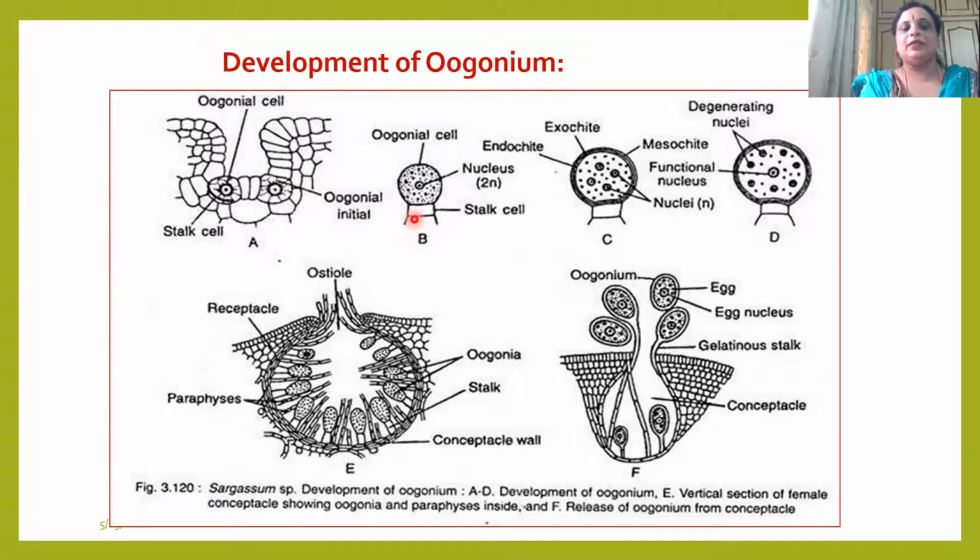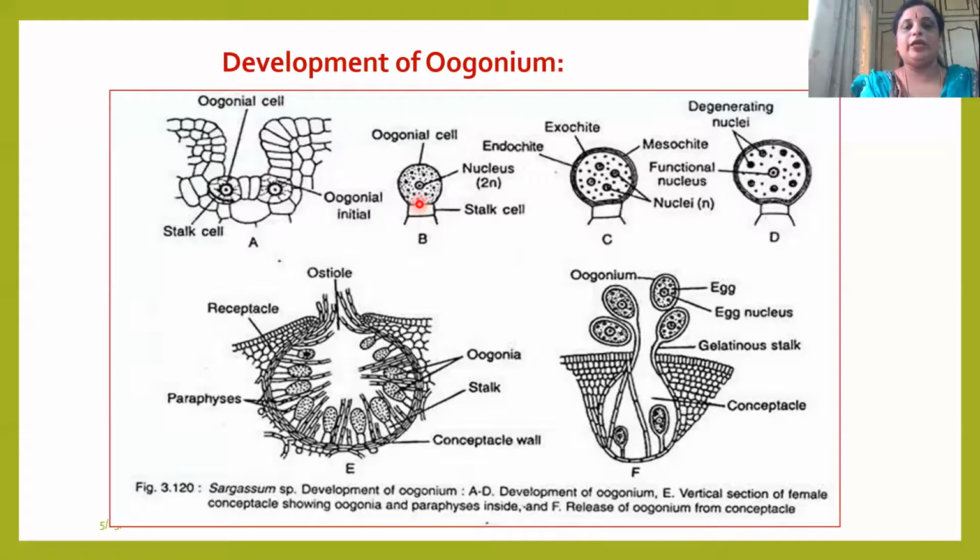The lower cell is called the stalk cell, and the upper cell is called the oogonial cell. So this oogonial initial undergoes one transverse division, where the lower cell is the stalk cell and the upper cell is the oogonial cell. And remember, Sargassum is a diploid plant.